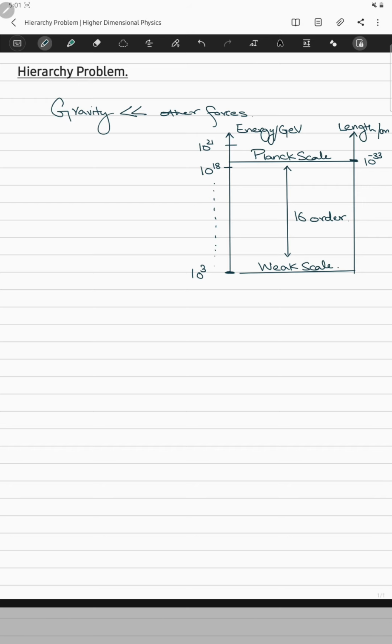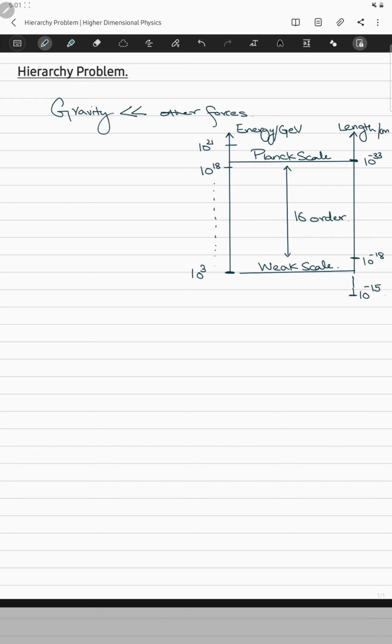The scale at which weak interactions happen is somewhere between 10 raised to power minus 18 centimeter and 10 raised to power minus 15 centimeter.